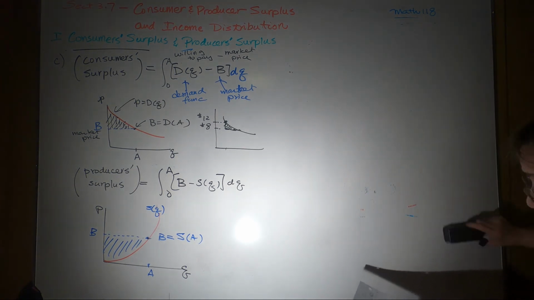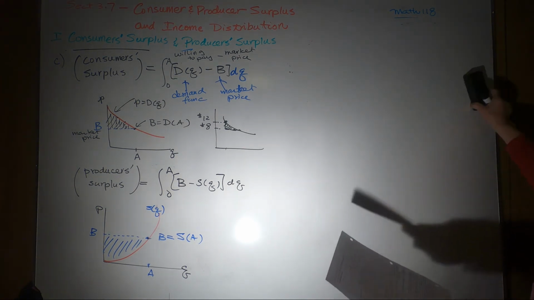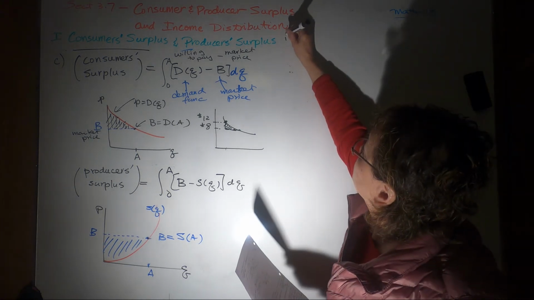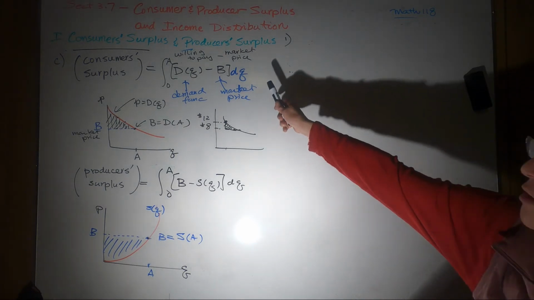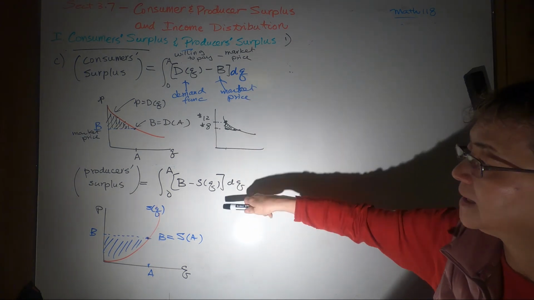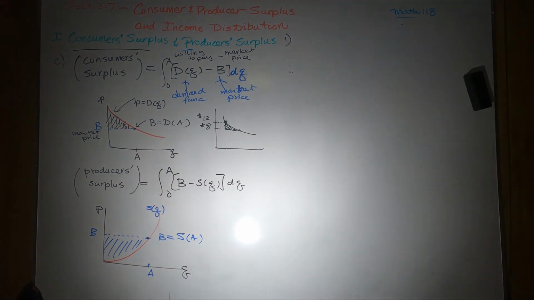On your page 76, for example 1, it says what? Finding consumer surplus for electricity, right? The next one is finding producers surplus. So see how we are going to apply those methods to find the actual dollars, right?